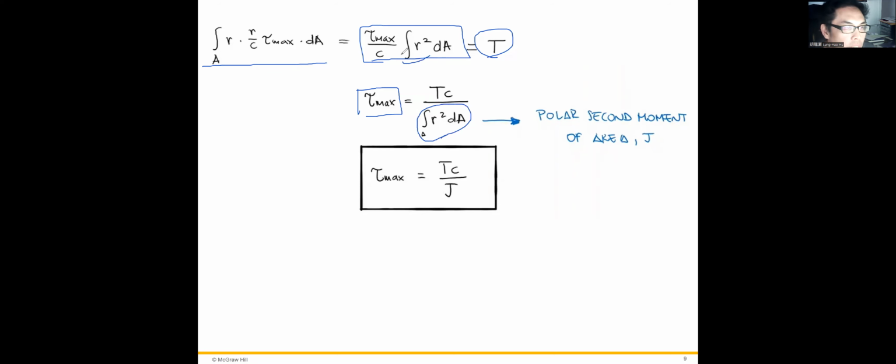Therefore, we define this term as the polar second moment of area, J. You can check the table or any handbooks or textbooks for what the polar second moment of area is for different shapes. So we get the final version: the maximum shear stress equals TC over J.